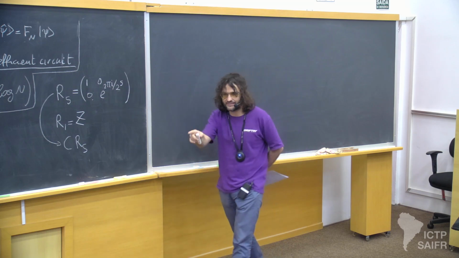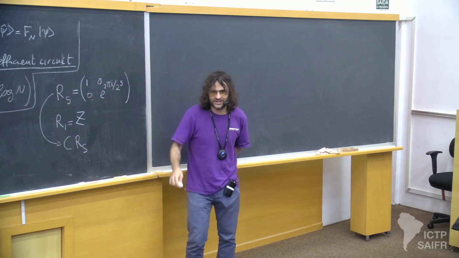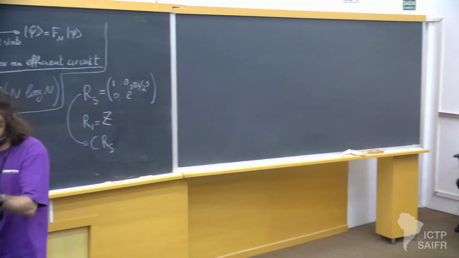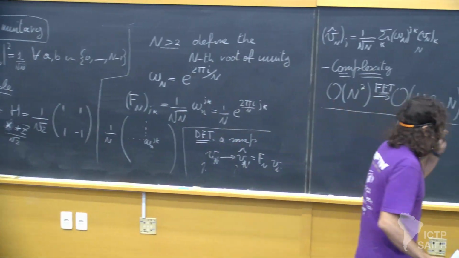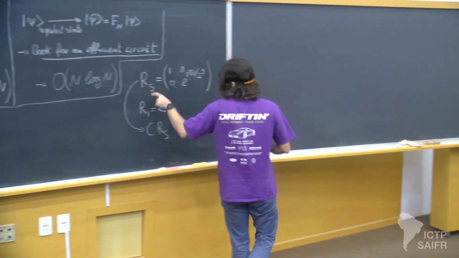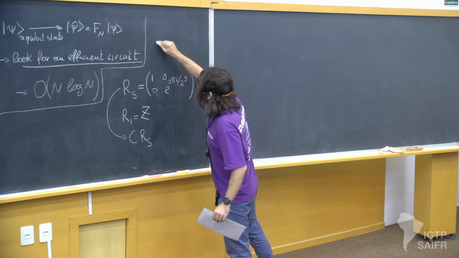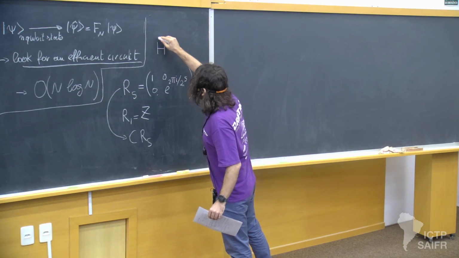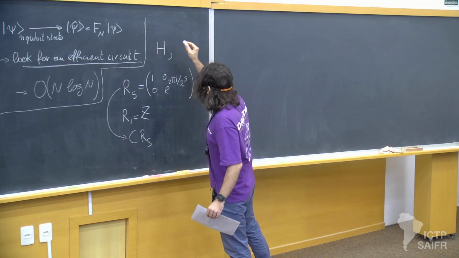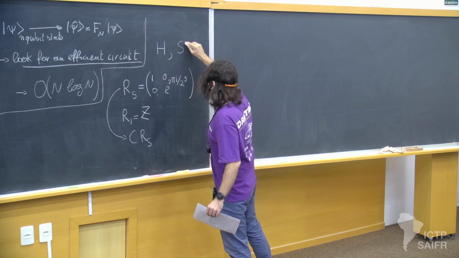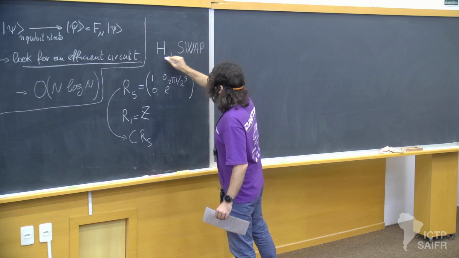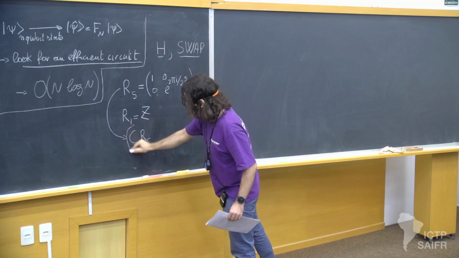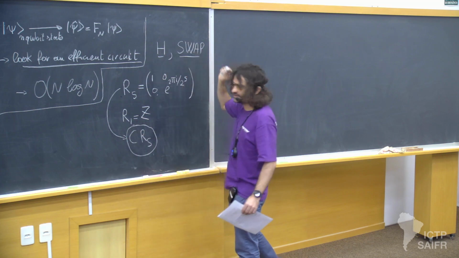If you did some exercise, there is a well-defined prescription to promote a 1 qubit unitary to a controlled version, right? Okay, so we will allow this, and we will allow the Hadamard gates. And also we will allow, but we'll arrive at it just at the end, some swap gates. So these are our ingredients. This, and this. Good?